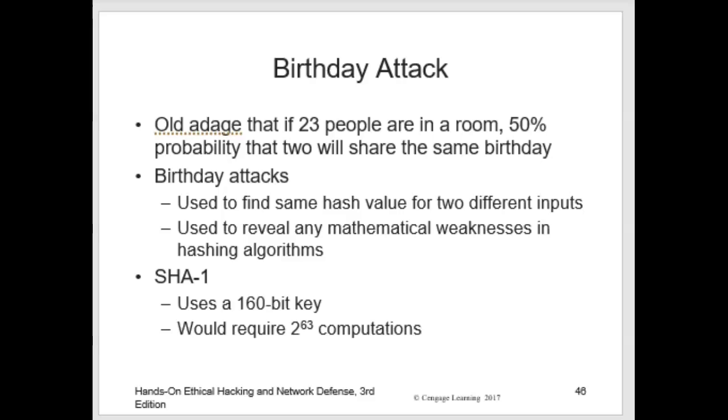These are used to find the hash value for 2 different inputs and reveal any mathematical weakness. So if I see enough hash values in this birthday attack concept, I can figure out the encryption algorithm being used, right? And that's the concept behind it.